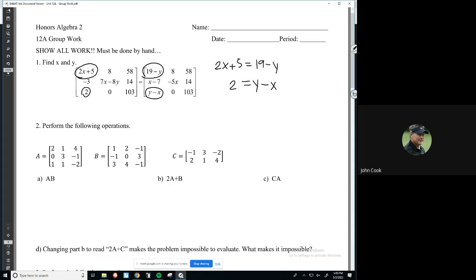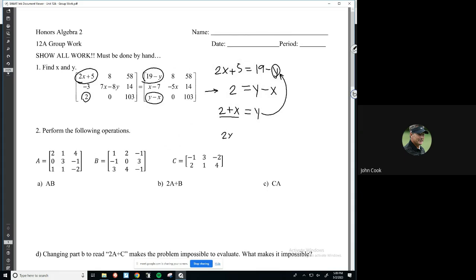And I could just solve for one of the variables. Like maybe I'd pick this equation here and solve for y. So y is equal to 2 plus x, right? And then I can use substitution. So wherever I see a y, like right there, I can plug in 2 plus x and solve. See, watch. So I get 2x plus 5 equals 19 minus the y value, which is 2 plus x.